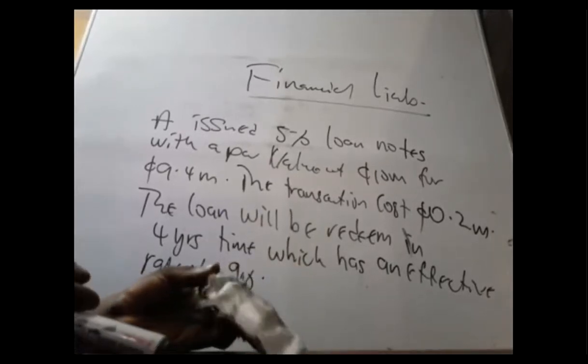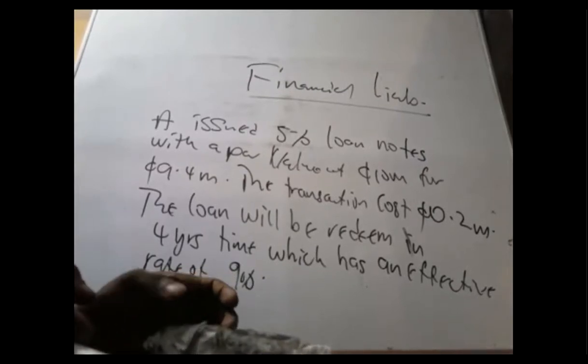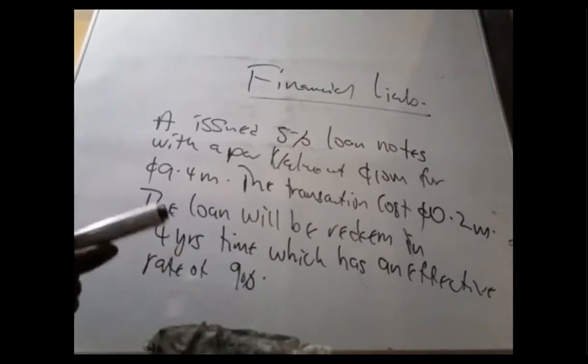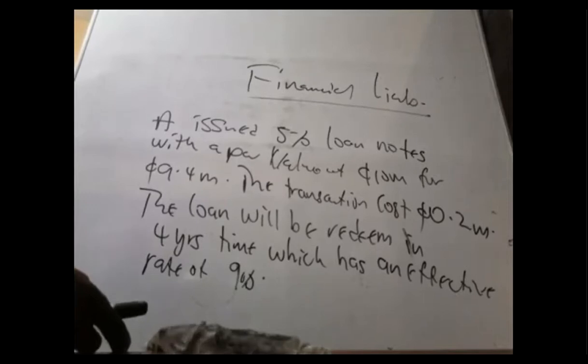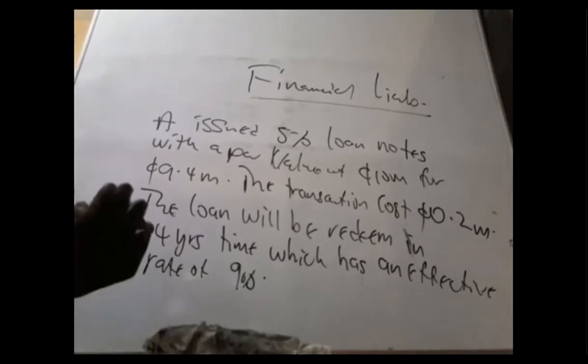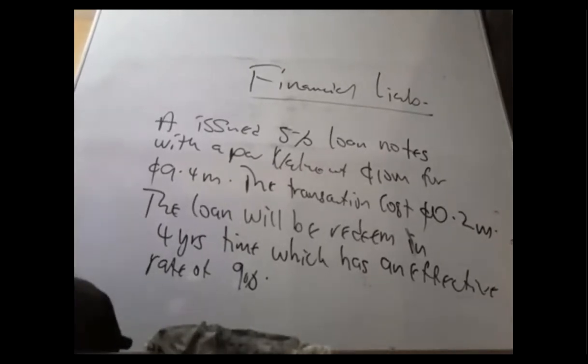But by the time you realize it, the actual money that will come into your hand will be like 8,000. They've deducted a lot of fees, these charges, this administrative charge. So that's why we have to cover the proceeds: how much you actually receive in your hand.